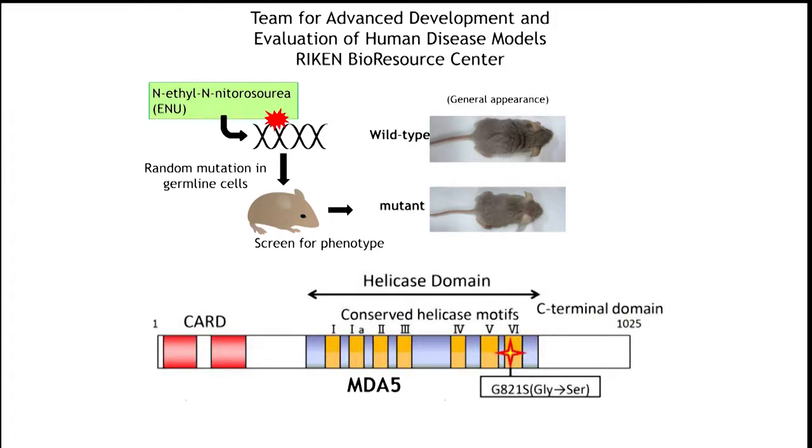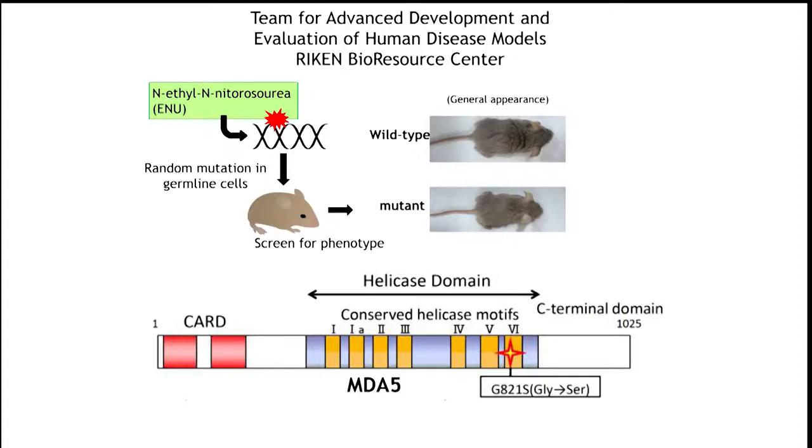Experimental random mutagenesis of mice produced a mouse strain with a mutation in the gene encoding MDA5. A single amino acid of MDA5 in this mouse is altered from glycine to serine. Therefore, we term this strain the GS mouse.